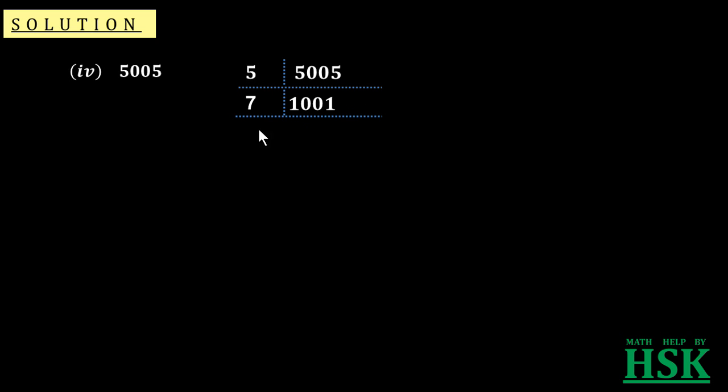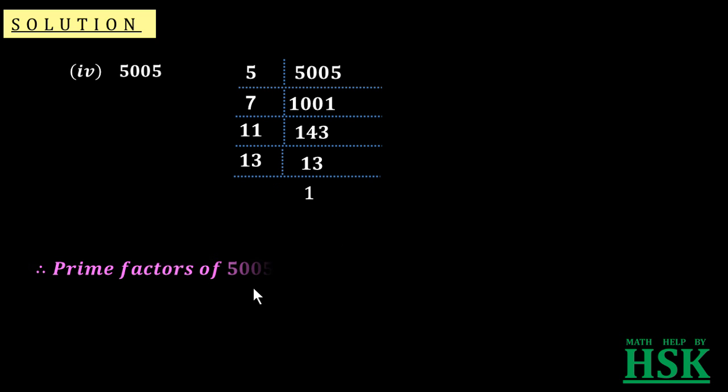Dividing 1001 by 7, I get 143. 143 is divisible by 11. So the quotient is 13. Further, dividing 13 by 13, I get 1. Therefore, the prime factors of 5005 are 5 into 7 into 11 into 13.